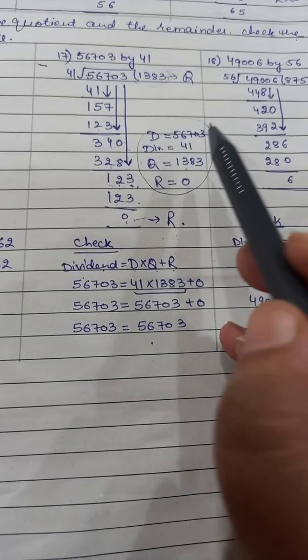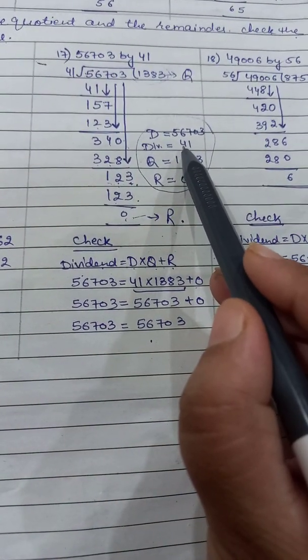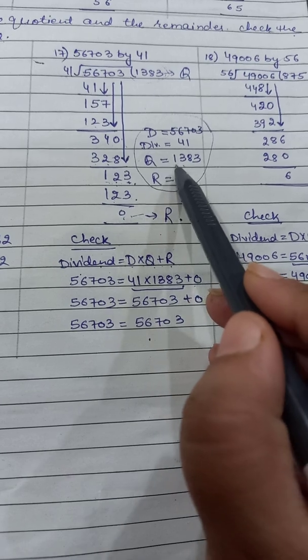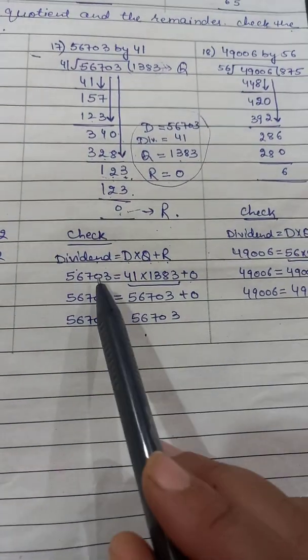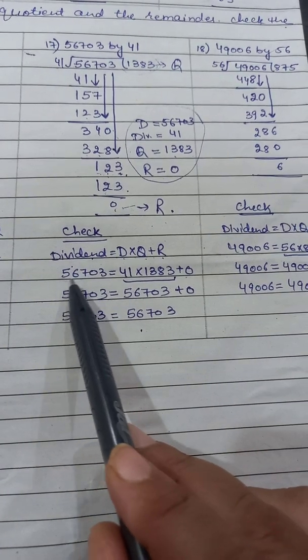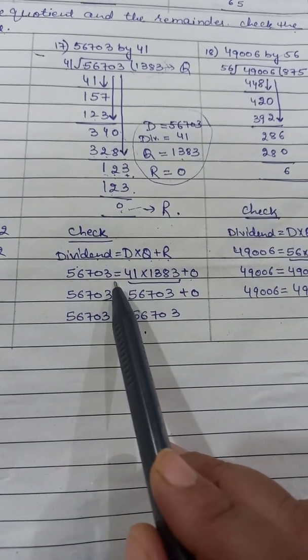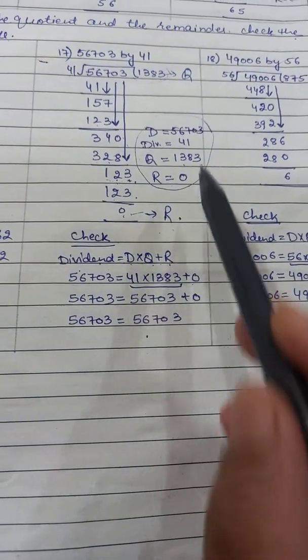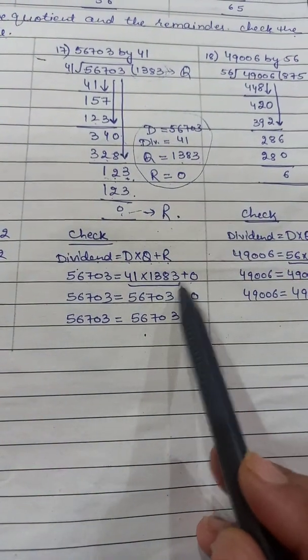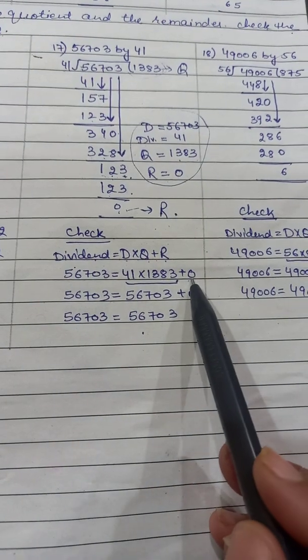So divisor was 41, quotient was 1383 and the remainder was 0. So here in place of dividend we will write 56,703. It is equal to divisor 41 into quotient 1383 plus remainder 0.